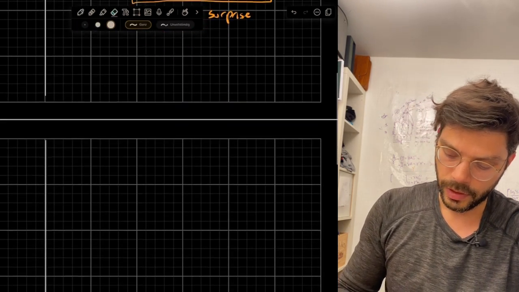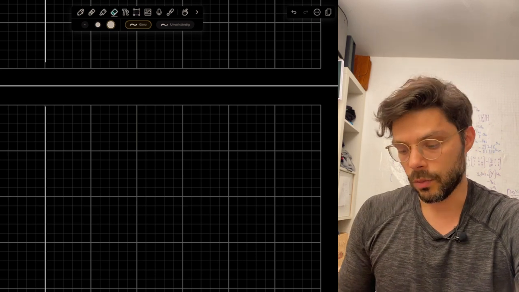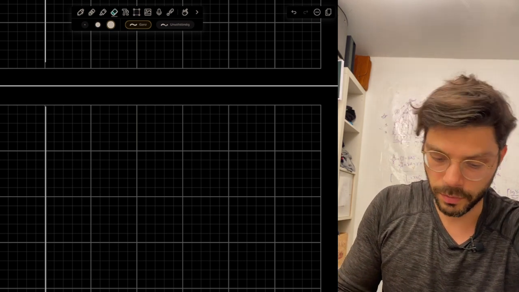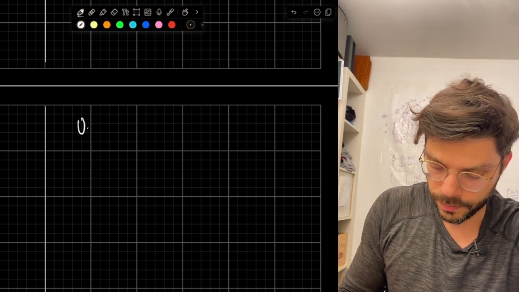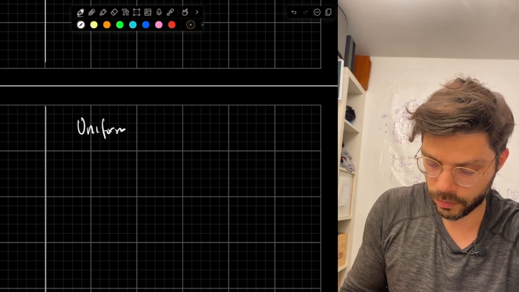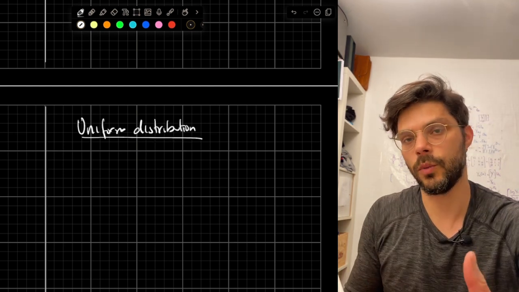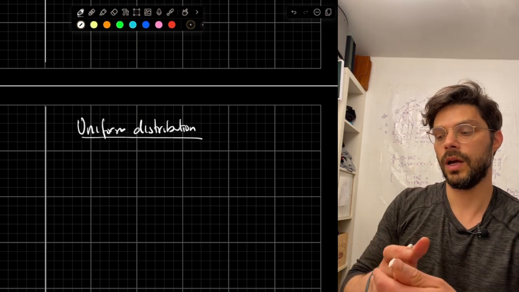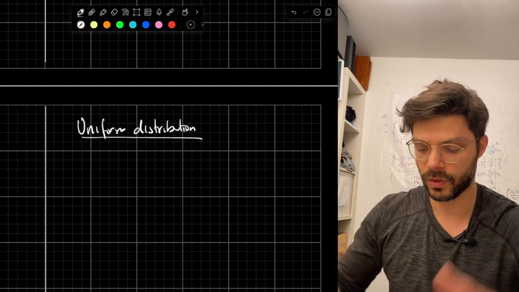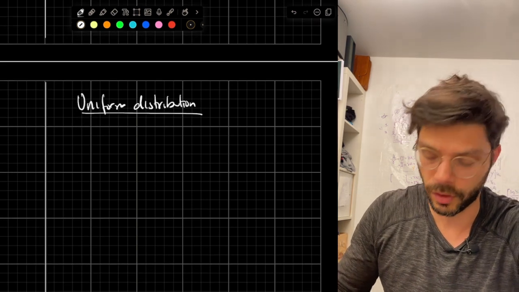Okay, so let's try computing this for a few distributions. So maybe the simplest one we can start with is the uniform distribution, and that's the one which has the same probability over its domain. That's why it's called uniform.